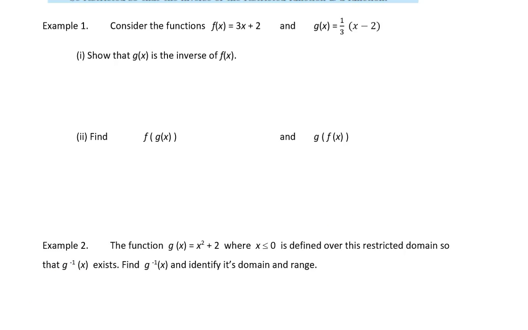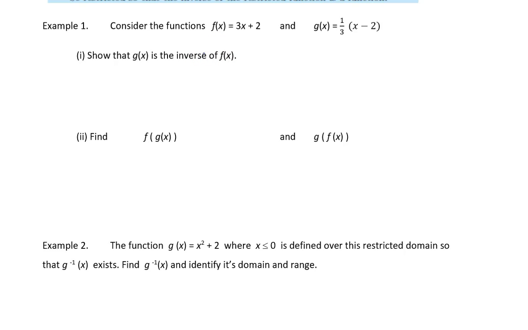So the first example, consider the function f of x is 3x plus 2 and g of x is 1/3 x minus 2. Now they've been deliberately chosen because it's possible to show that this g of x is the inverse of f of x. There's a couple of ways you can do that.